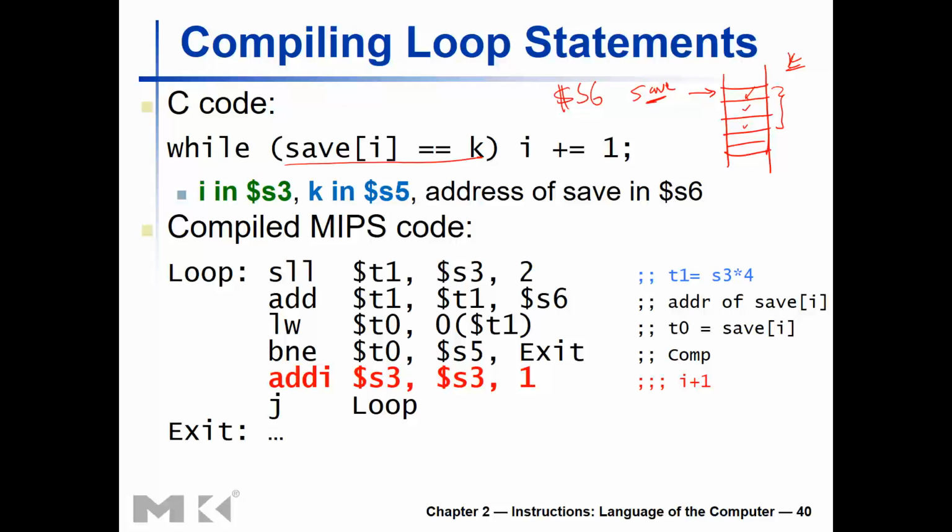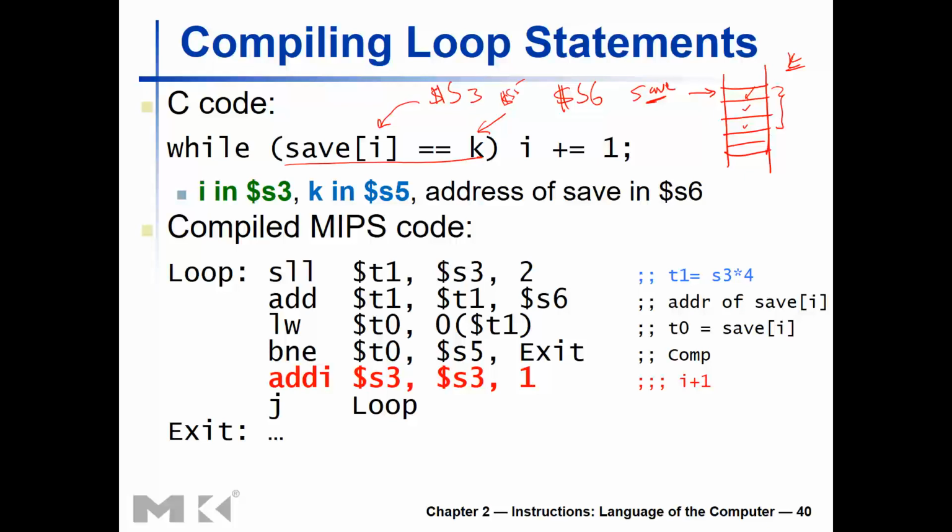And we assume as well that the I, which is this index here, is saved in S3. And the K, which I am comparing with, is in S5.